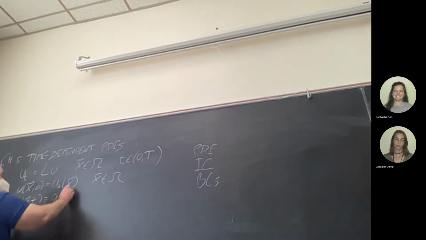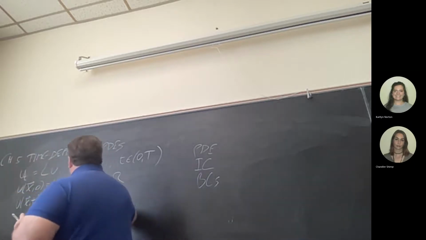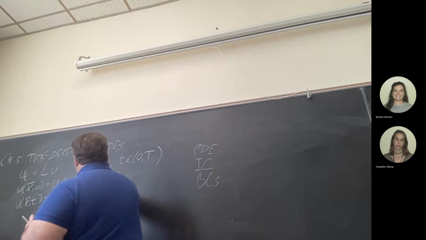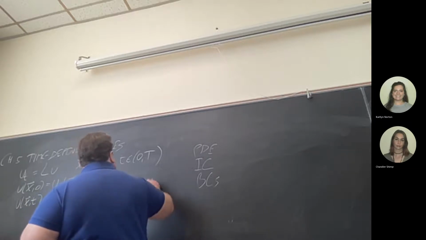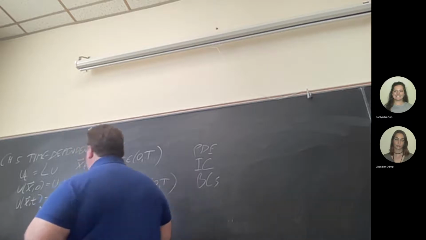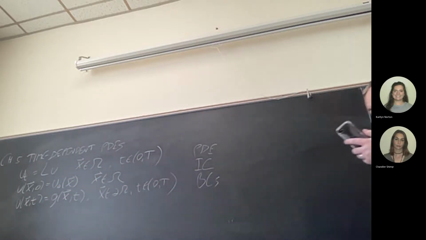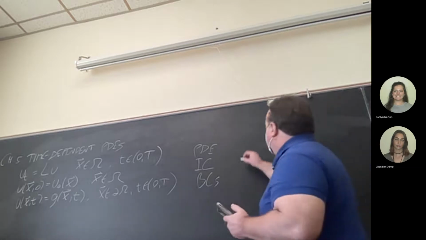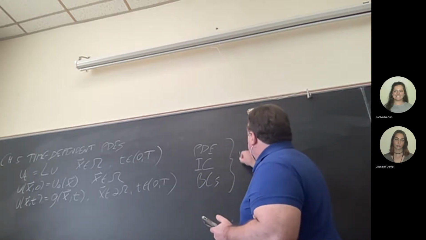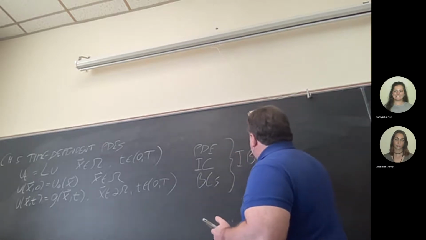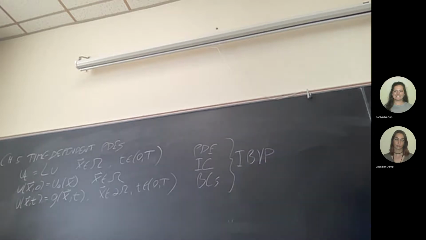So u is equal to some function g, which might be 0, where x is on the boundary of omega. So all of this together is an IBVP, initial boundary value problem.